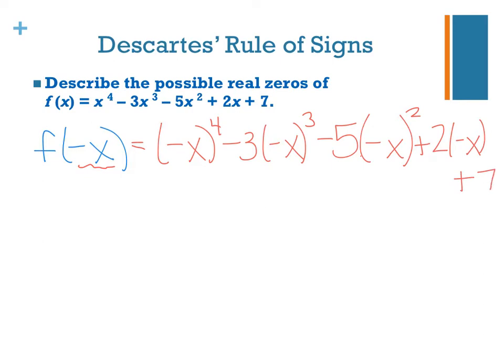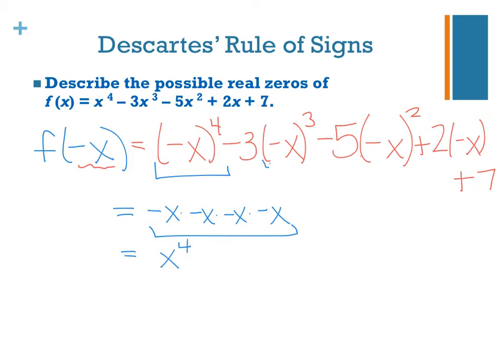Now, I'm going to take negative x to the fourth. So negative x to the fourth is really negative x times itself 4 times. So I get negative x times negative x times negative x times negative x. So what that really gives me is a positive 1x to the fourth.